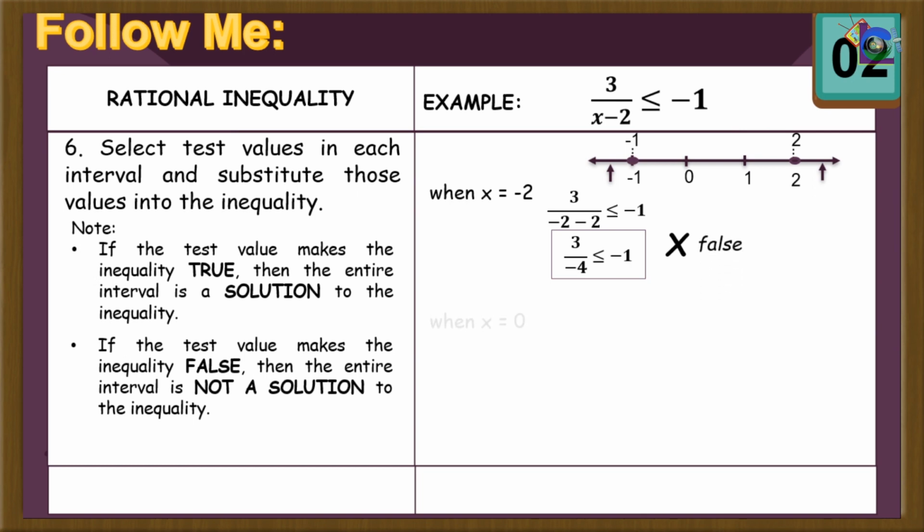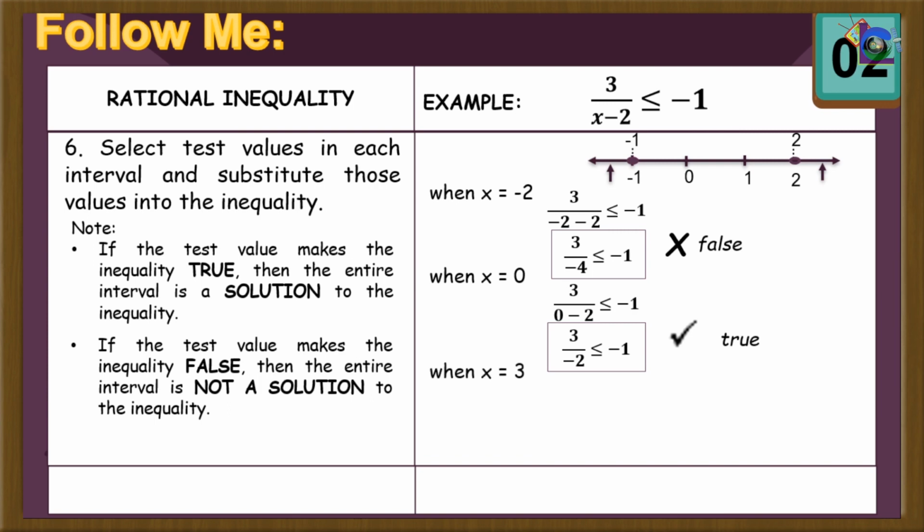When x is equal to 0, we would get 3 over negative 2 is less than or equal to negative 1, which is correct. So our answer is true. When x is equal to 3, we would get 3 is less than or equal to negative 1, which is incorrect. So our answer is false.